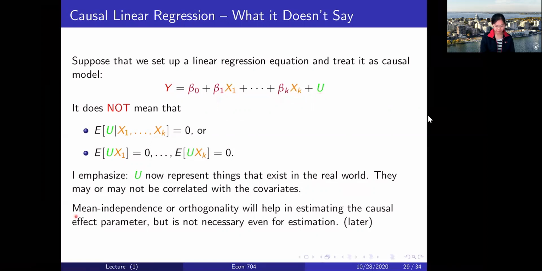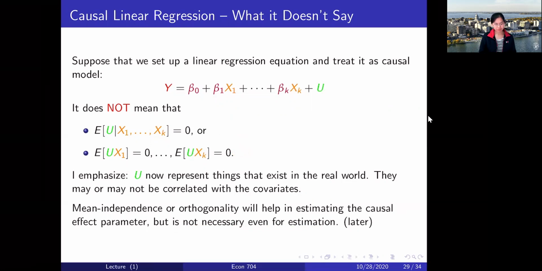So mean independence and orthogonality could be helpful for estimation, but it's not required for attaching causal meaning to these betas. And they're not even necessary for estimation. So we'll talk about other ways to estimate the betas without assuming these conditions.